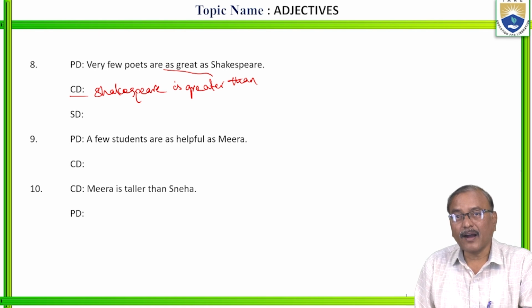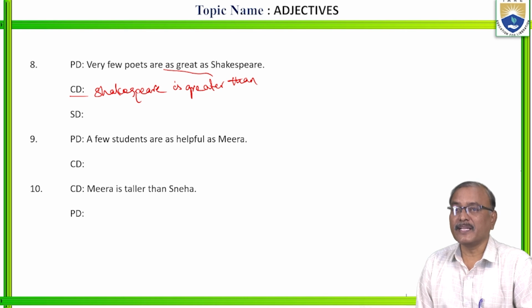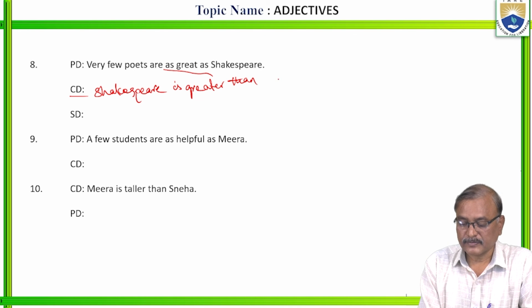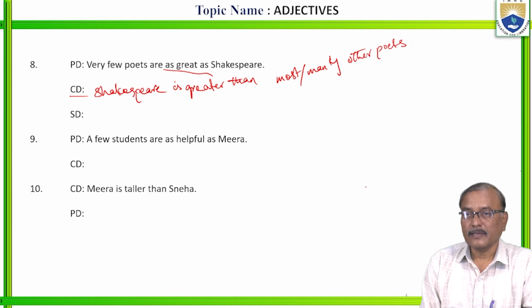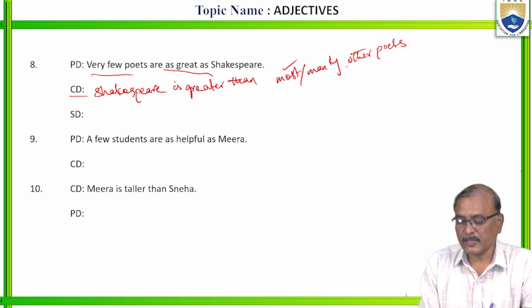Is he greater than all other poets? No. Not all other, but many other, or you can say most other poets. If it is very few, you can use here most other. This will be suitable.